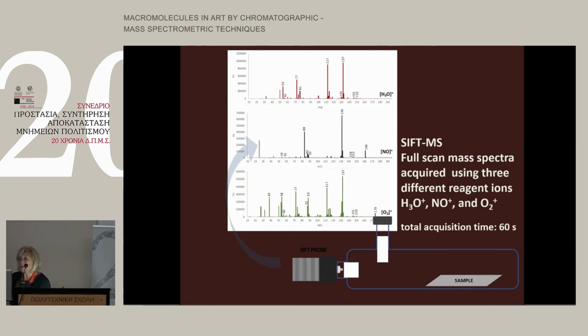After that, we used the probe of this portable mass spectrometer, and we acquired simultaneously 3 different reagent ions, so we have for each compound 3 mass spectra to understand. So the complexity of the problem is quite high, but now we have this big database of references, and we can approach this problem also in museums.